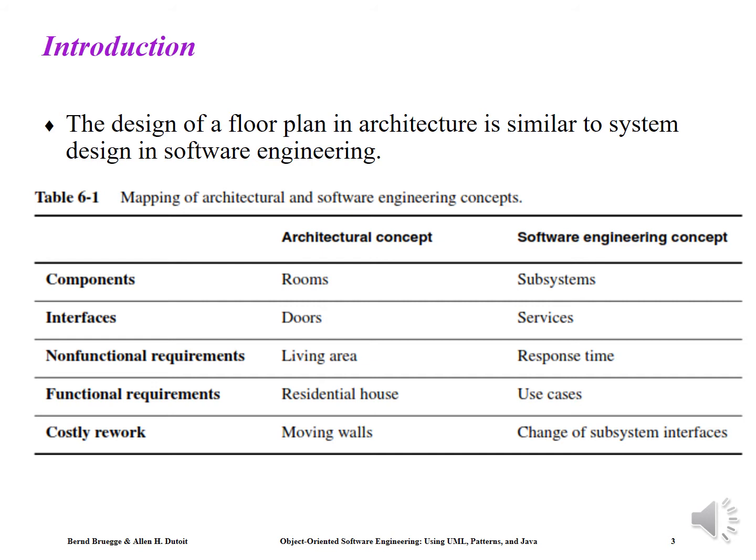So a component in the architecture concept is called a room, and in software engineering a component is called a subsystem. Interface is called a service in software engineering, and in the architecture concept it is called a door.